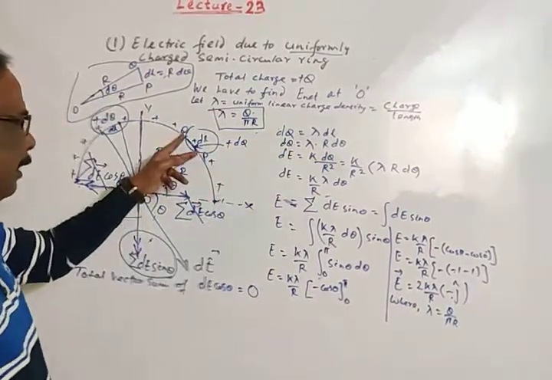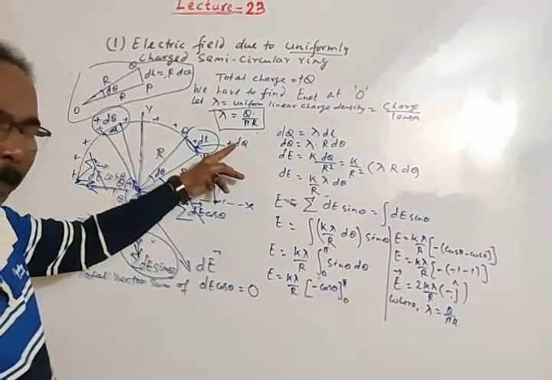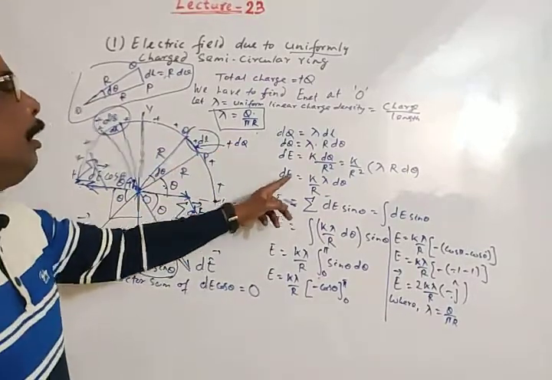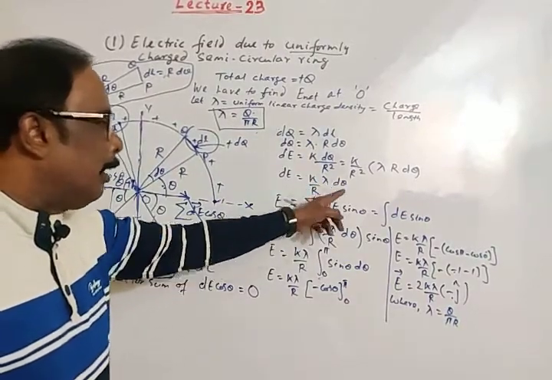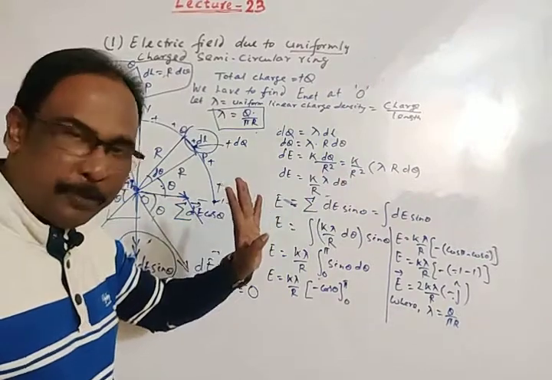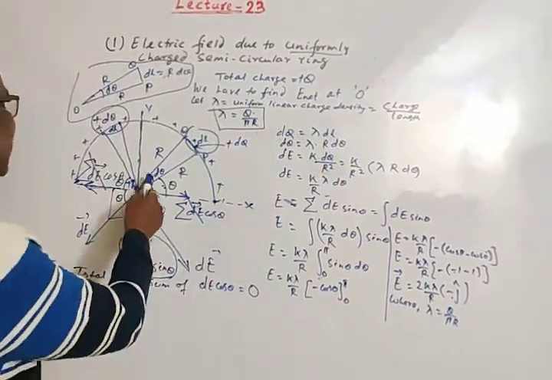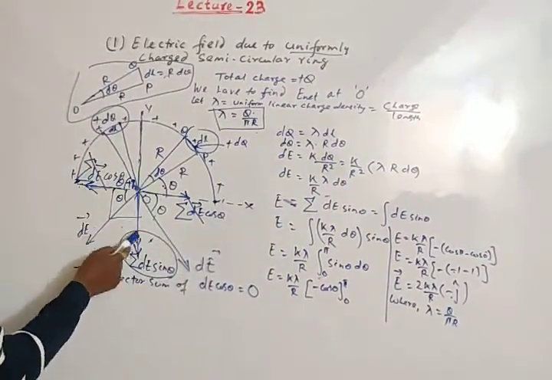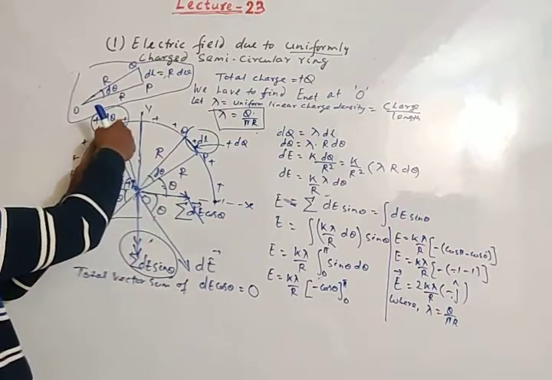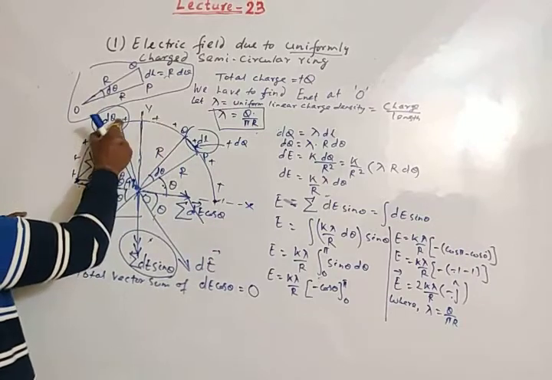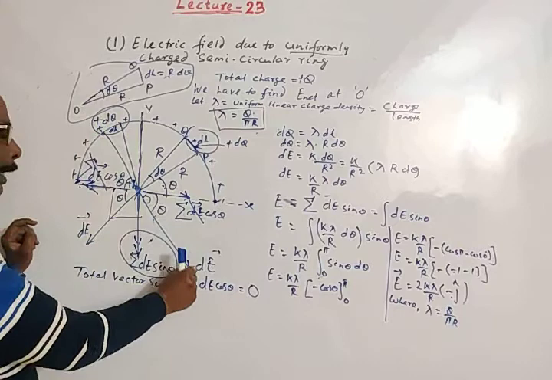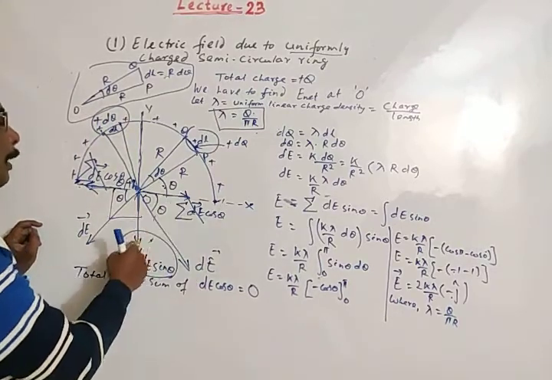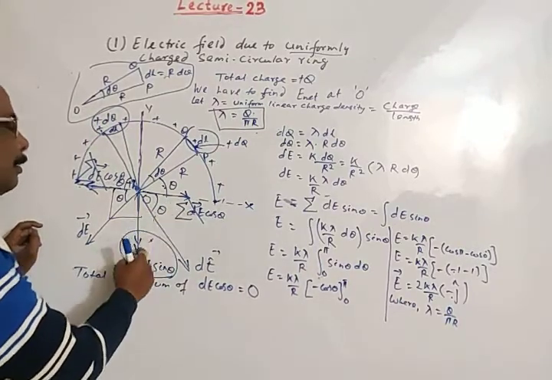Then the electric field due to this elemental charge dq is dE equals k lambda by r into d theta. Solving it, we get this. Then this electric field is resolved into two rectangular components, dE cos theta and dE sin theta. If you consider another elemental length dl which carries charge dq, again the electric field dE has two rectangular components, dE cos theta and dE sin theta.